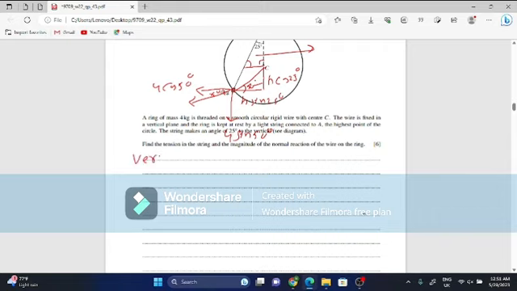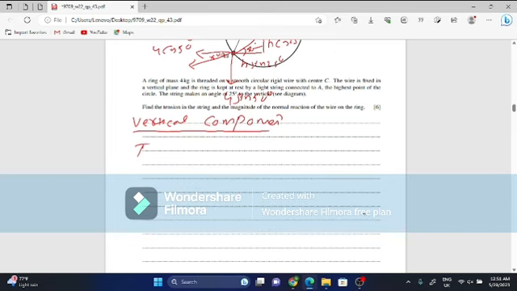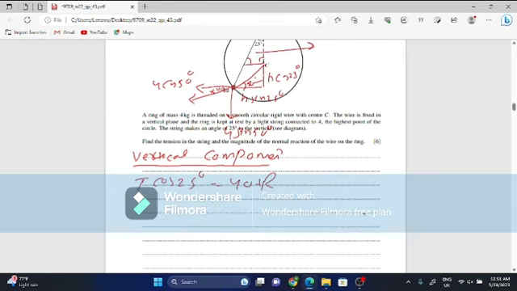So the vertical component, it would be T cos 25 degrees, which equals 40 plus R cos 50 degrees. R is basically a reaction force that is acting normal to it, just like that.